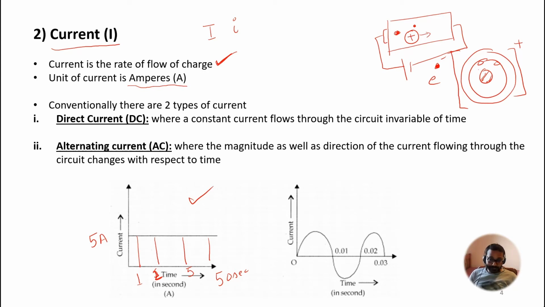So in a DC circuit, the value of current does not change with time.